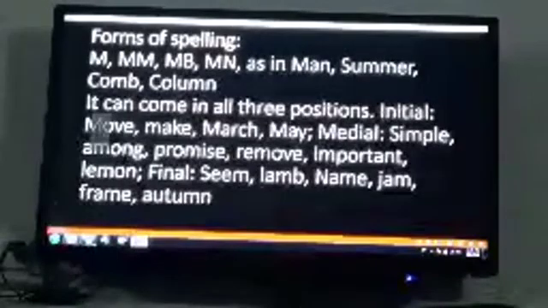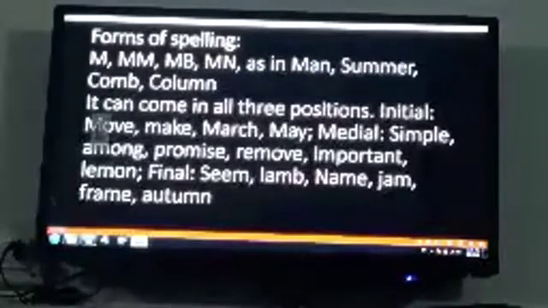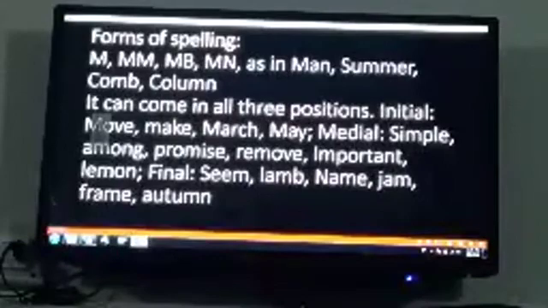So in come, bum, etc., here B is silent, and in column, or there are other examples, N is silent there. Fine. So these were forms of spelling for sound M.